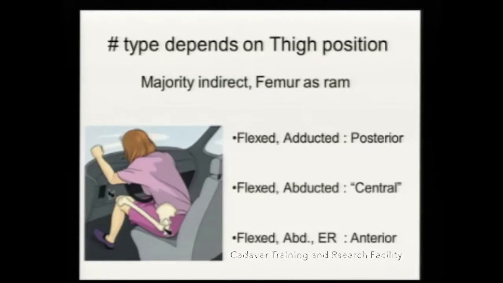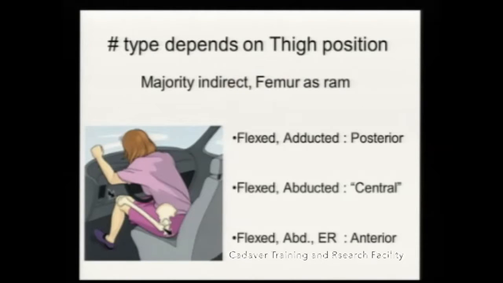Now you can imagine that the moment I change the position of the femur at impact, in a flexed, adducted position, an impact here would go through the posterior wall. The more I abduct and externally rotate, the more the head goes towards the center, or in an extreme position, even through the anterior part.